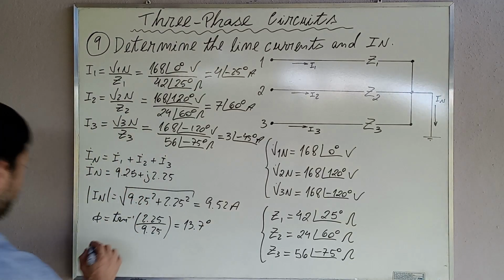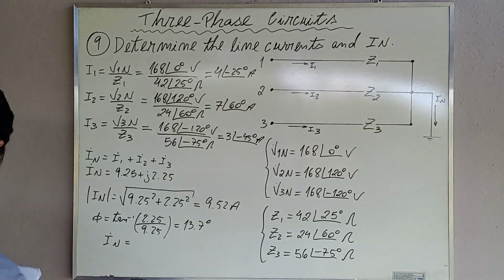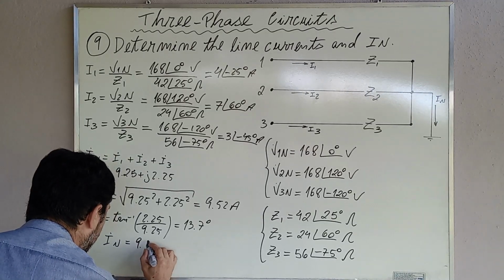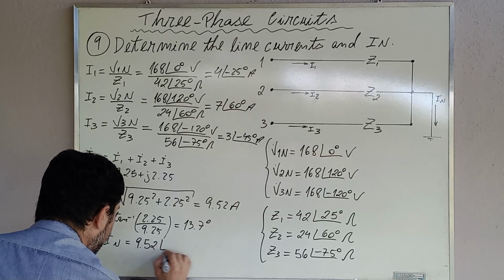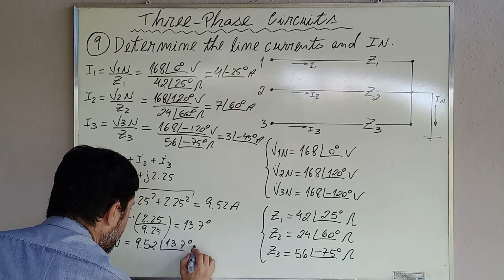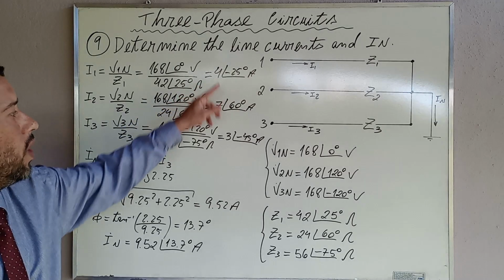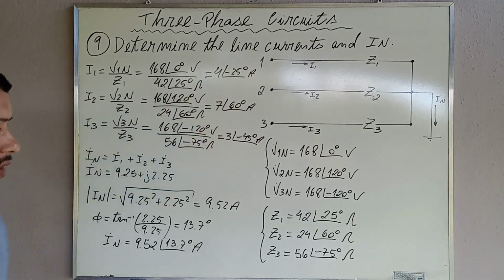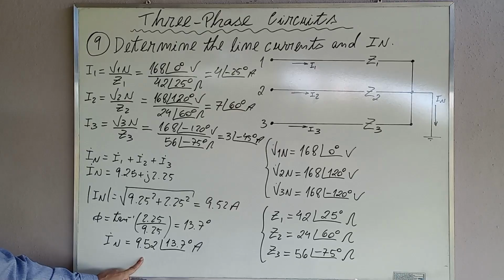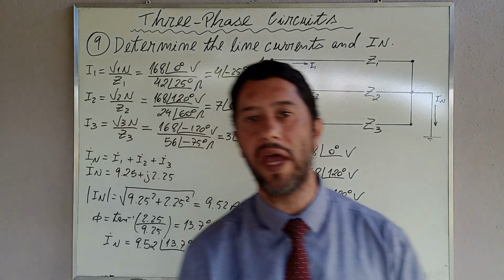In this way, IN is equal to 9.52 phase 13.7 degrees amps. We have calculated I1, I2, I3, and IN, and this is all for the solution of this exercise.